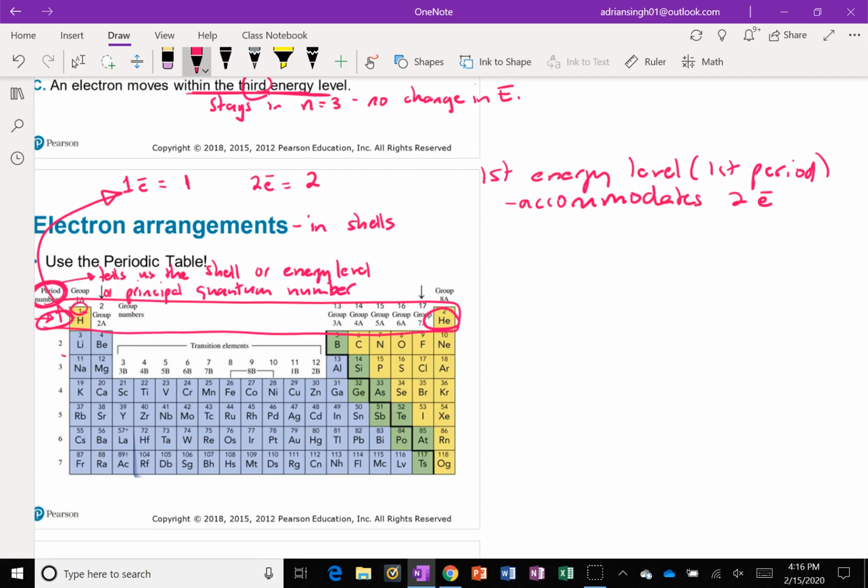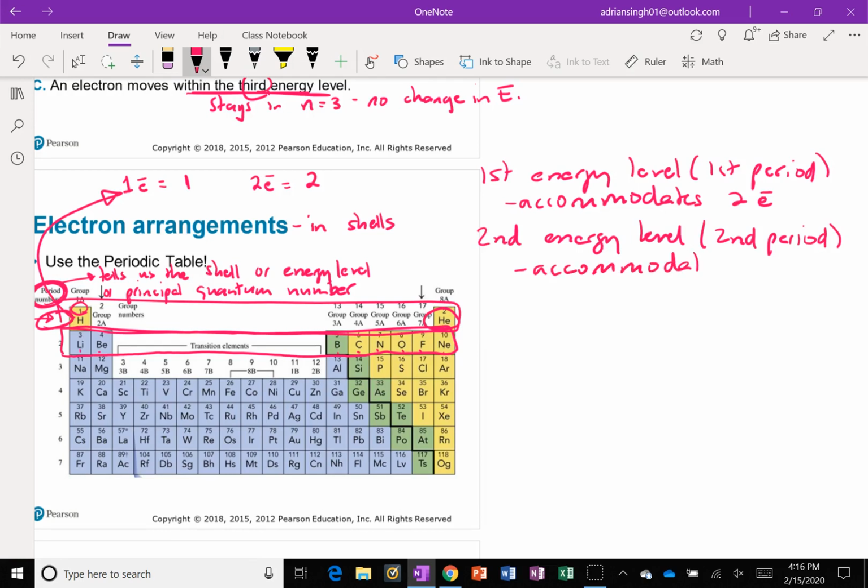Then we go to the second period, and we can see that it goes from lithium all the way over to neon. The second energy level, which is the second period, you'll see it goes 1, 2, 3, 4, 5, 6, 7, 8. So it can accommodate 8 electrons.